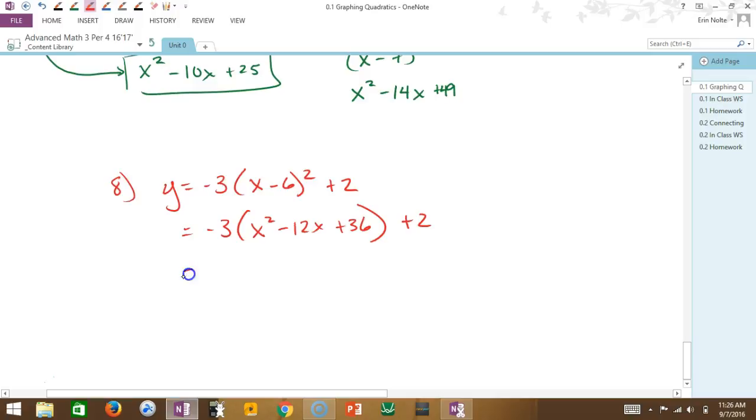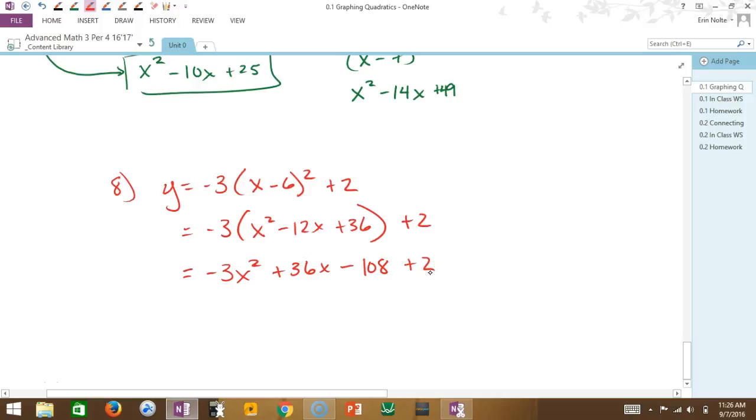Distribute. Okay, so if I distribute the negative 3 through, I get negative 3x squared plus 36, minus, oh good lord, 3 times 36 makes 108? 108.